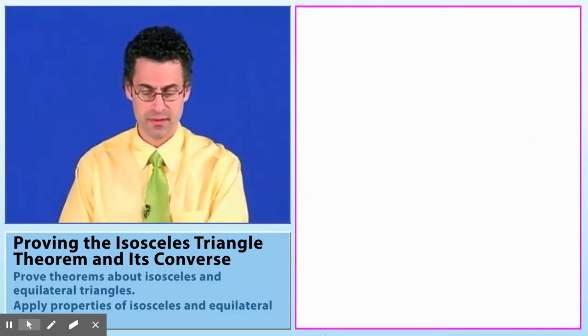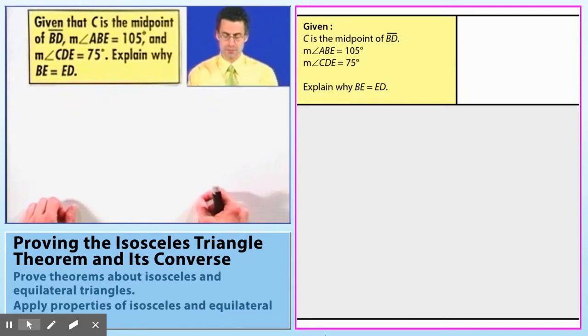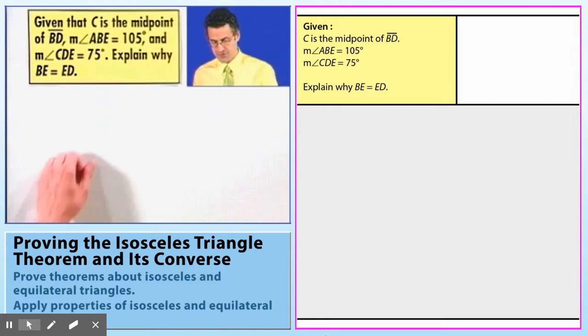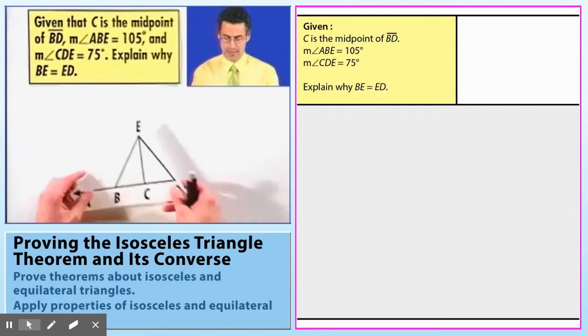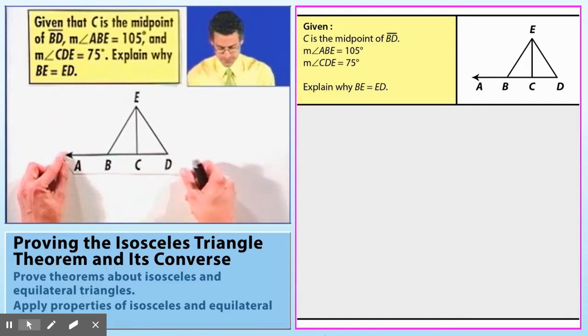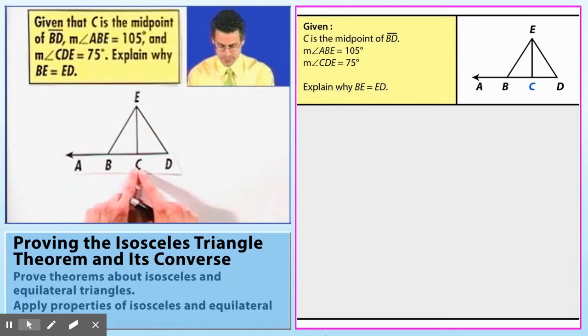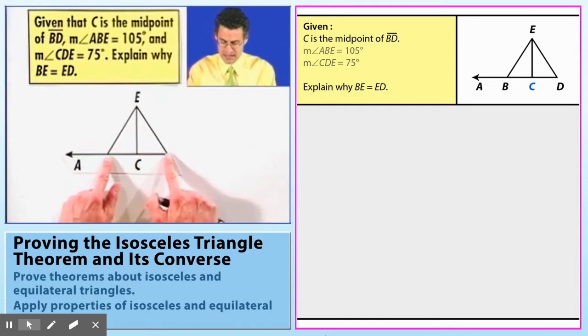So here we go. Suppose that we're given that C is the midpoint of BD, and the measure of angle ABE is 105 degrees. So let's take a look at this picture. It's given to us, and so we see that C is the midpoint of BD. So there's a line segment, and C is the midpoint.